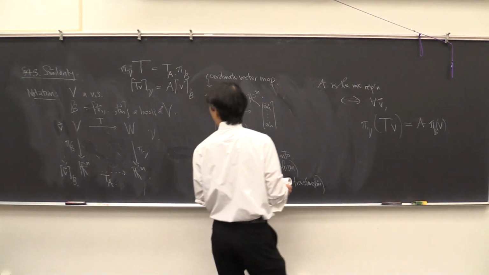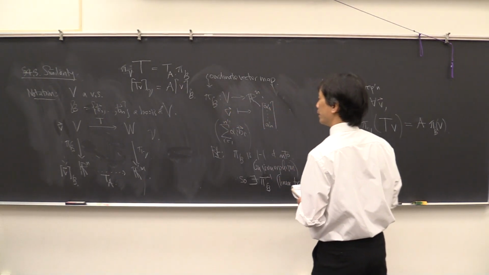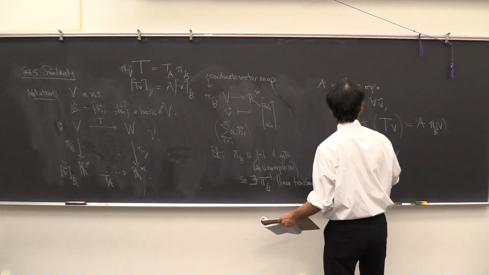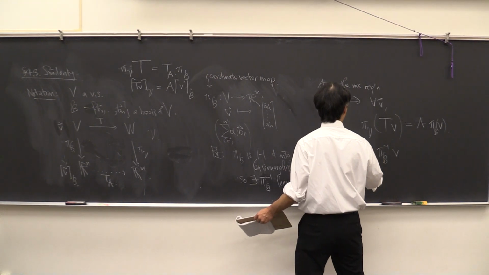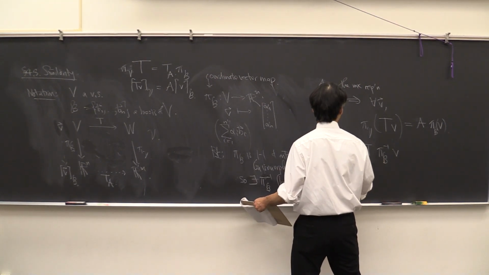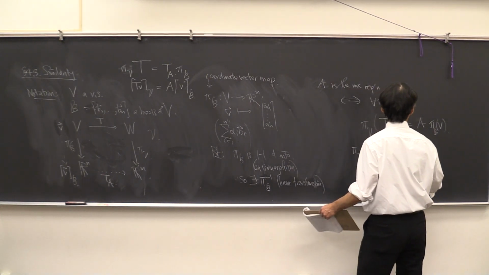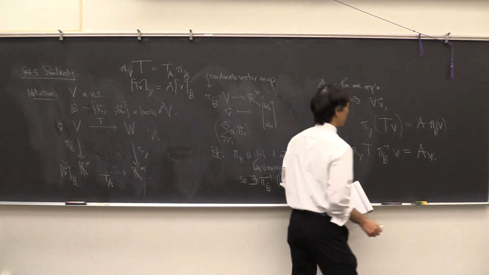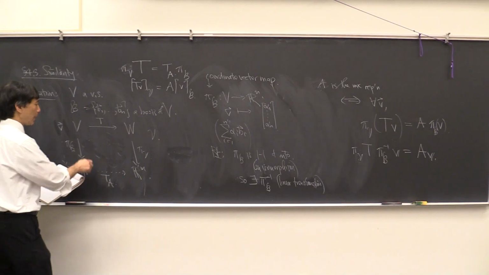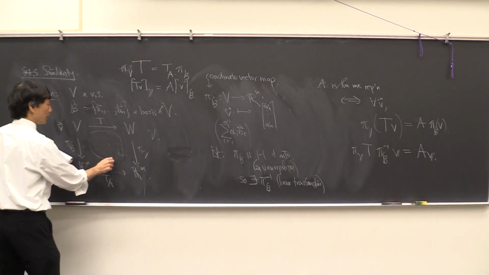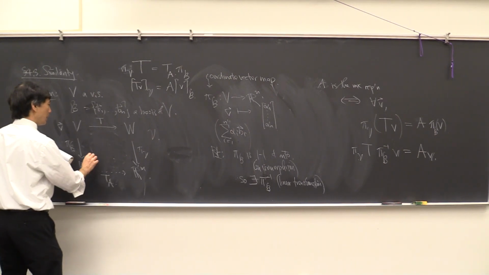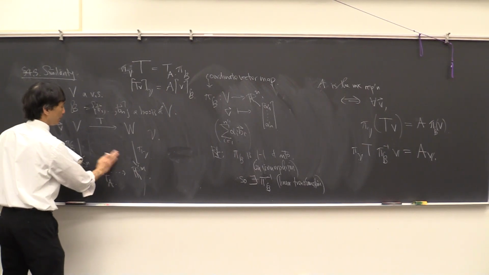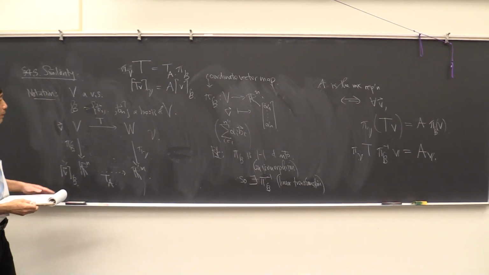In other words, if I took a vector and mapped it backwards through the coordinate map, then hit that with T, and then mapped it forwards through the other side's coordinate map, that would be the same thing as hitting the vector with A. So going across and down is the same as going down and across, but also going across up here is the same as going down, across, and then back up.